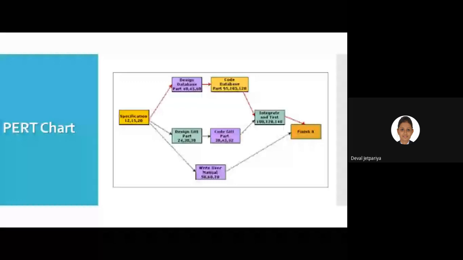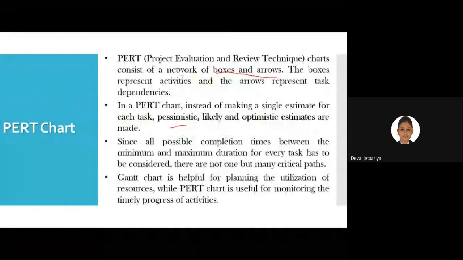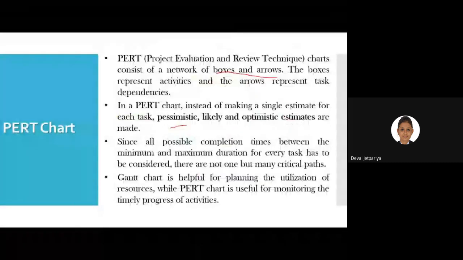So what is that? In the last slide only we had discussed. With each activity, we had written three values. Say for example, in specification, it is 12, 15 and 20.